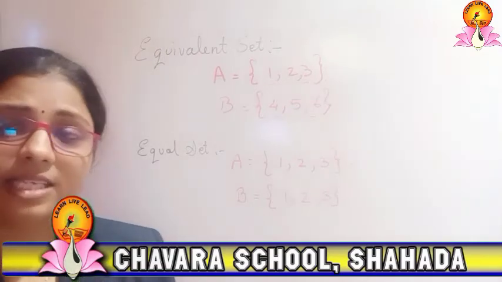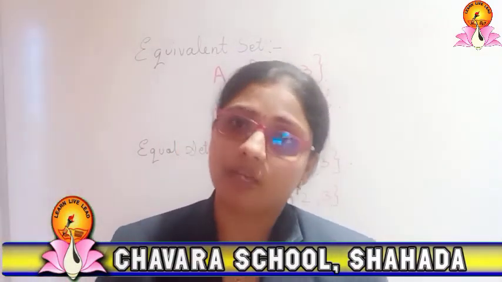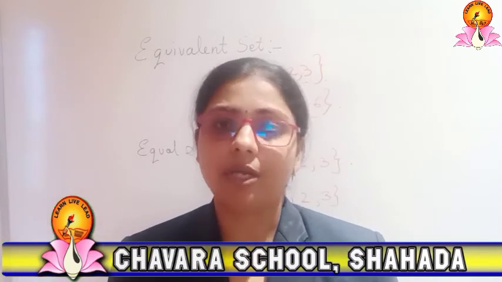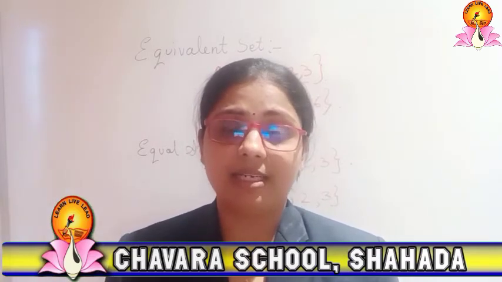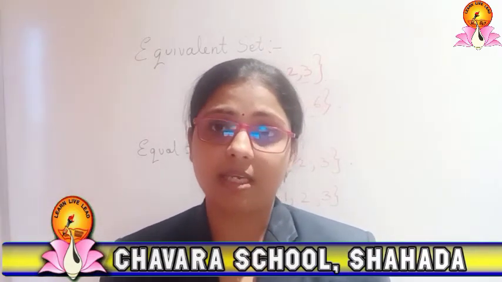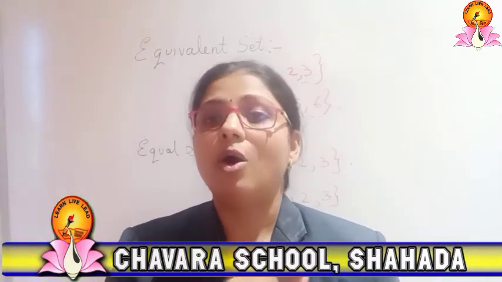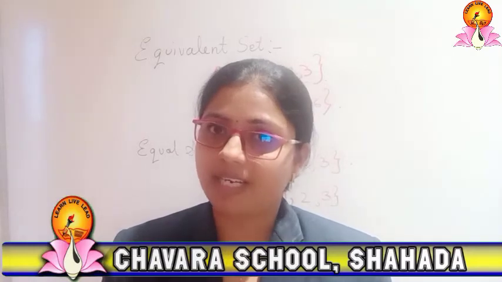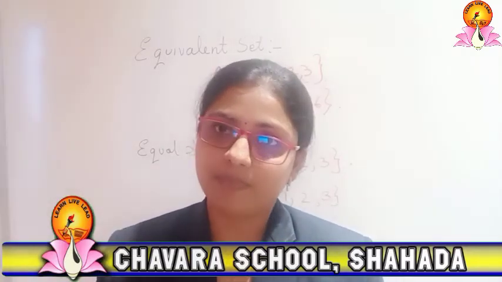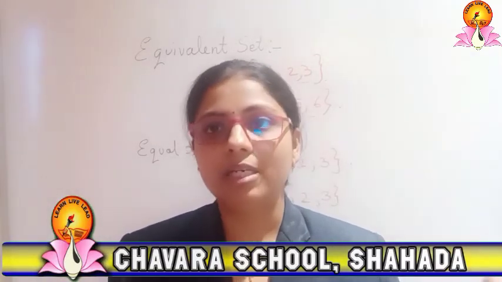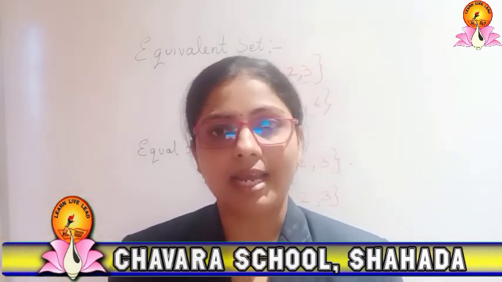So can we say an equal set is an equivalent set? Yes, because in an equivalent set only the cardinal number we are making equal, and in an equal set if all the elements are the same, definitely the cardinal number will also be the same, right? So this is about the equivalent set and equal set.